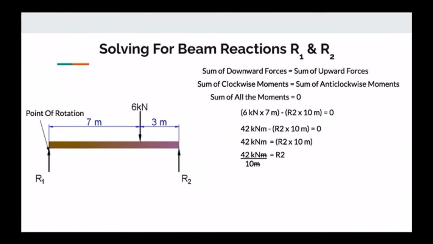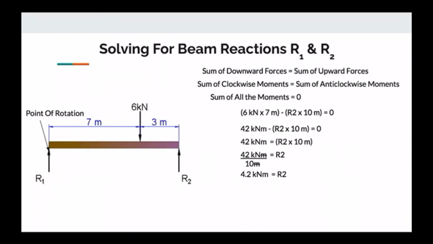And as you realize, the meter units are cancelled out. So if you divide 42 by 10, you will arrive at 4.2 kilonewtons, and that is R2.